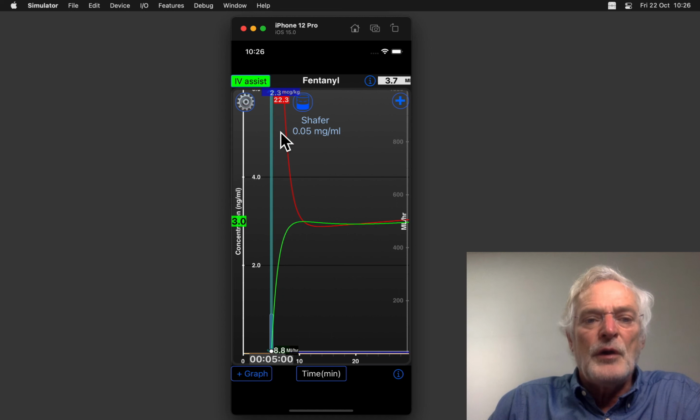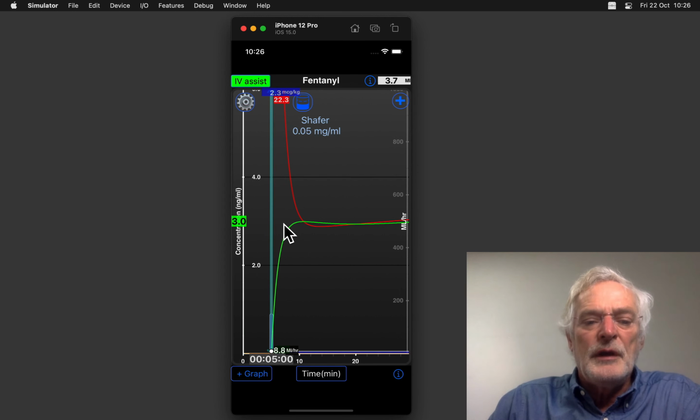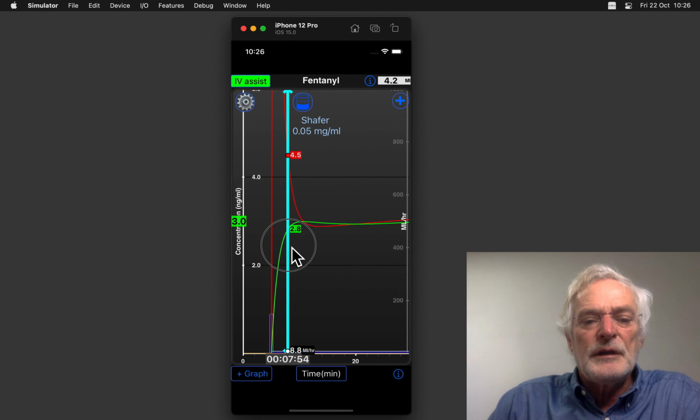There's a bolus given of 3.7 mils, 2.3 micrograms per kilogram, and this will increase the central concentration up to 20 nanograms per ml. But the effect site concentration is, even with this bolus, slowly rising over about 2 minutes to the effective target.